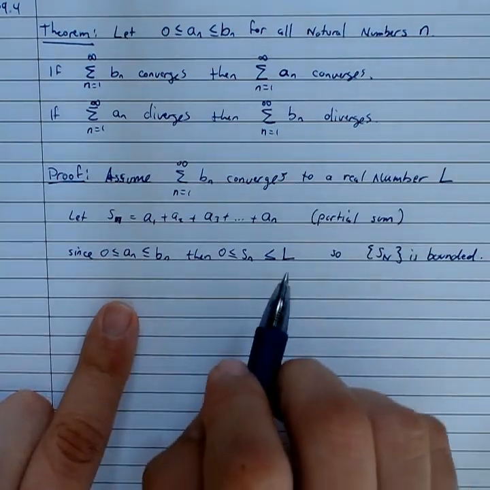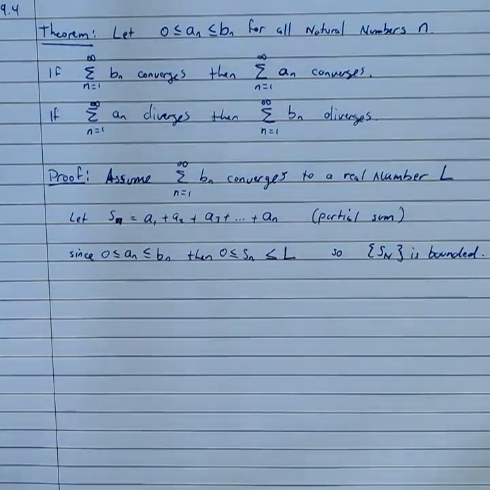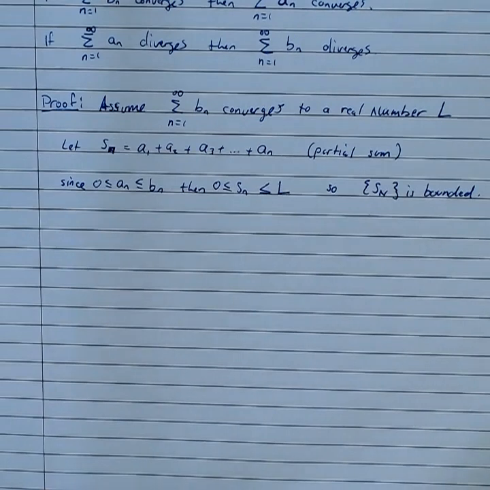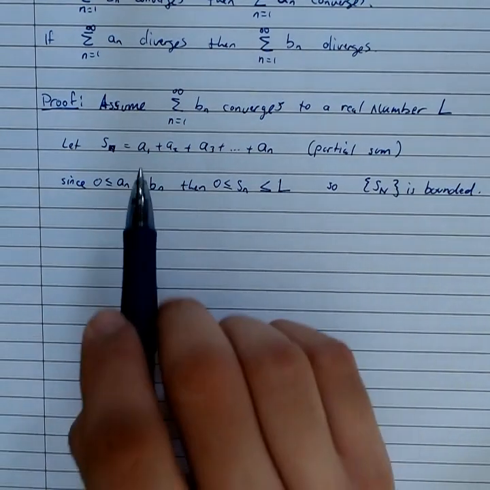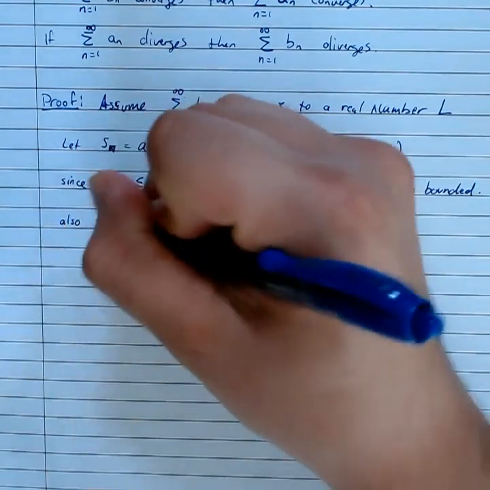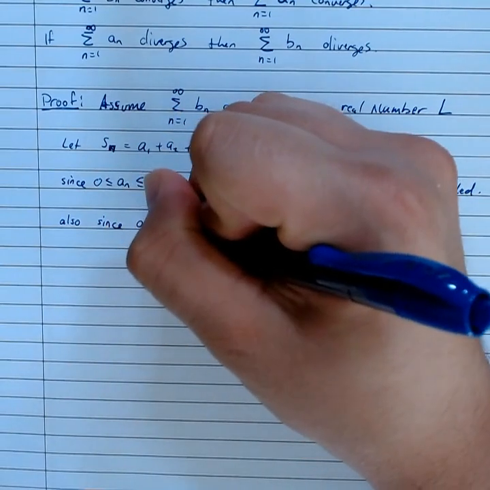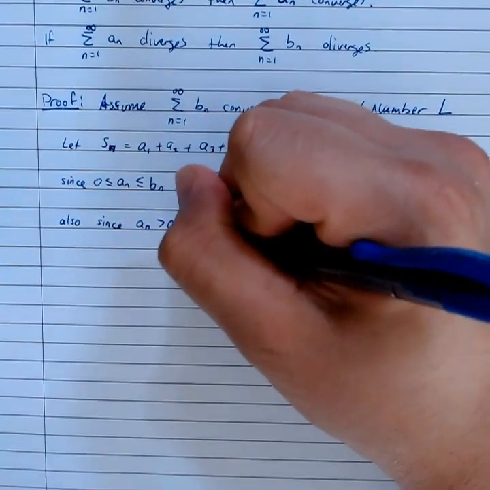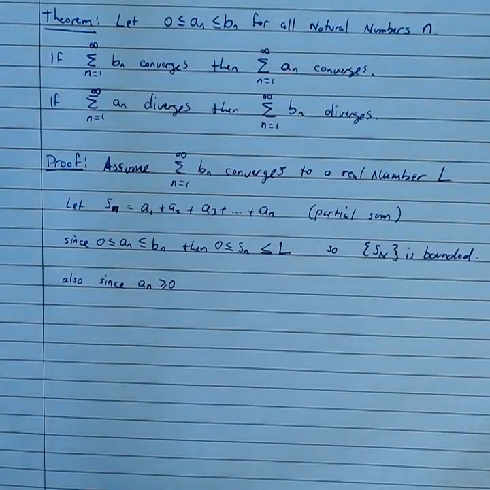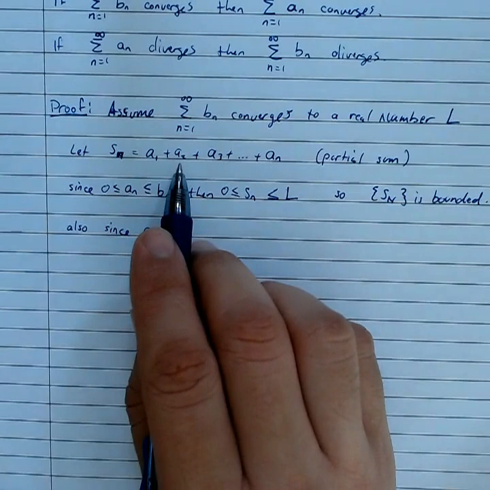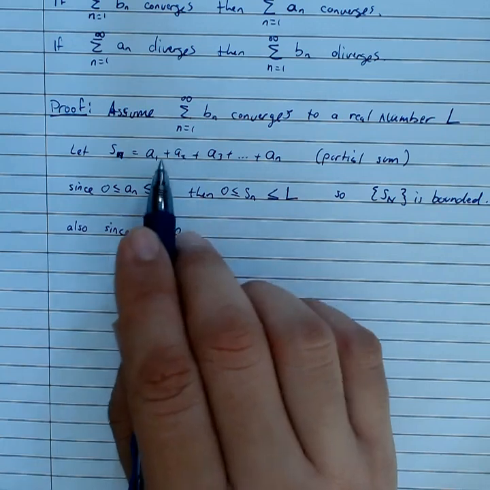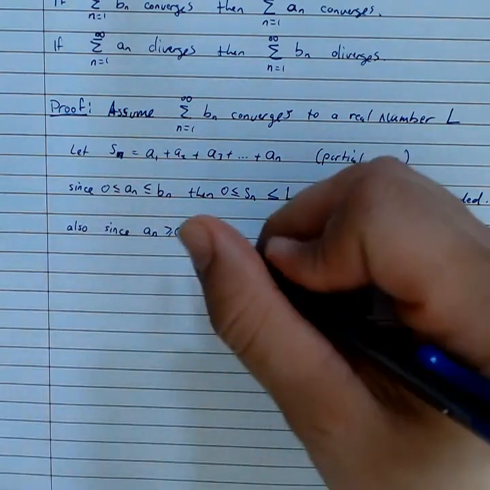Okay, but if the sequence of partial sums is bounded, that's half of what we need for convergence. The other half would be if it's monotonic. But of course it is monotonic because look, all of these a sub n's are positive. So also, since a sub n is positive, or equal to 0, that we began with that assumption, then that means that every time you add another term, you're either adding 0, which means it's staying the same, or you're adding a positive number, which means the partial sum is growing.